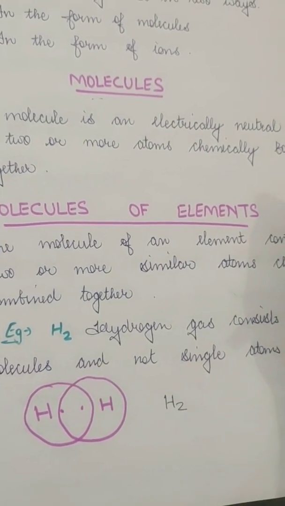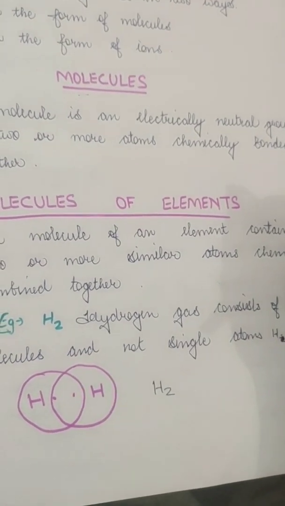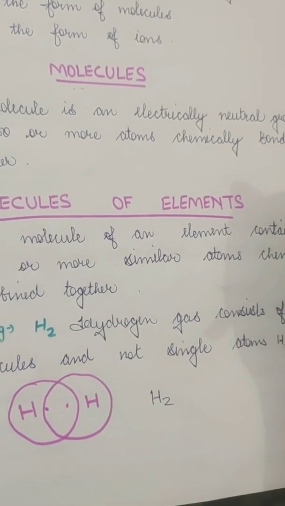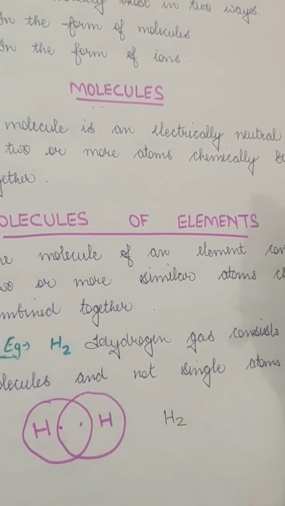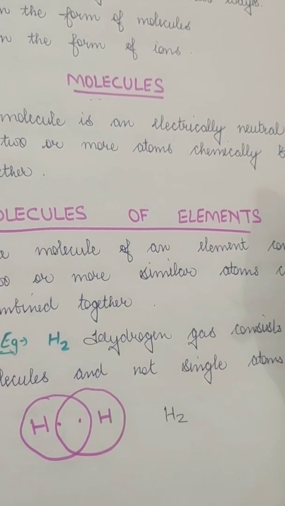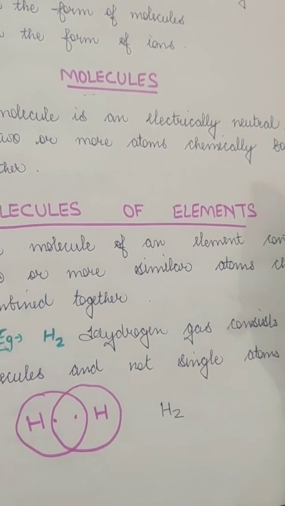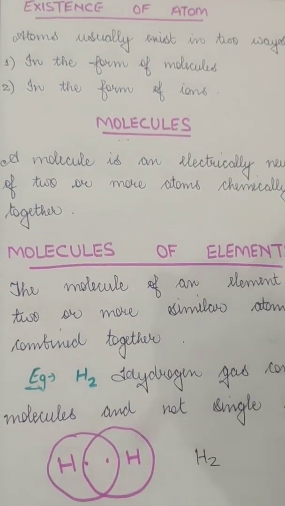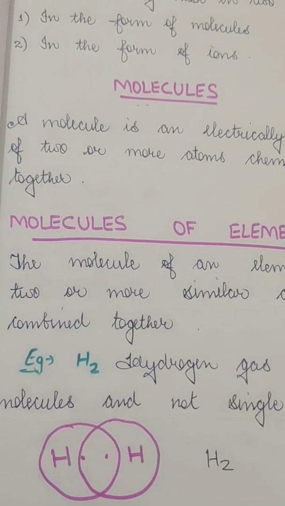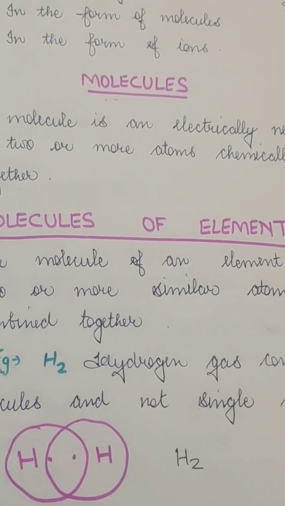They are stable because when they react they fulfill their octet structure. So we can say that a molecule is the smallest particle of a substance, element or compound, which has the property of the substance and can exist in a free state. That means a molecule has all the properties of a pure substance and can exist in a free state, but atoms cannot exist in a free state.